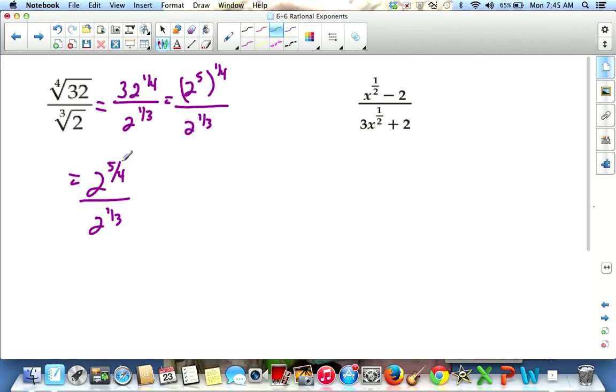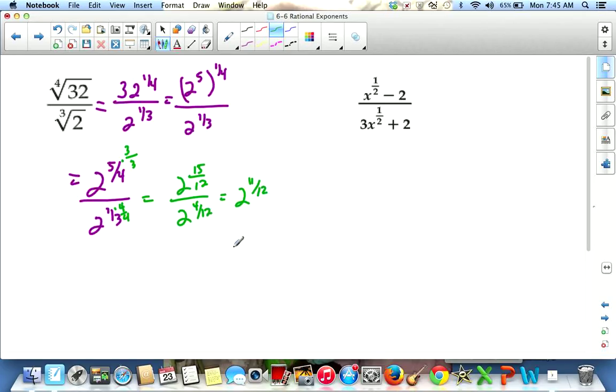And a common denominator here, because we got to subtract them, we want it to be 12, so it's going to be 3 over 3. And this one's going to be multiplied by 4 over 4, so we get 2 to the 15/12ths over 2 to the 4/12ths. And we end up with 2 to the 11/12ths because we subtract.